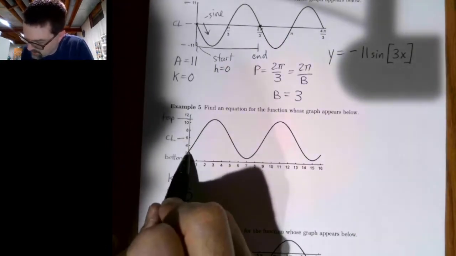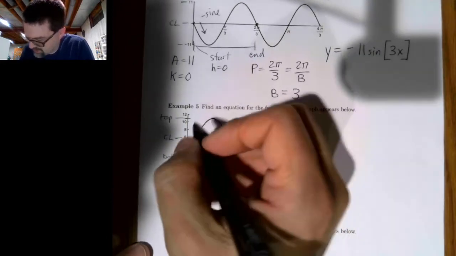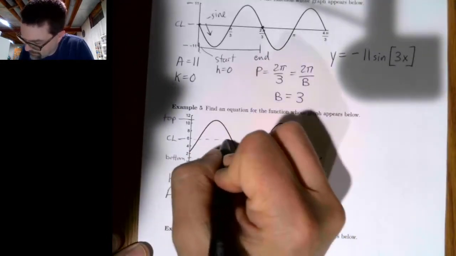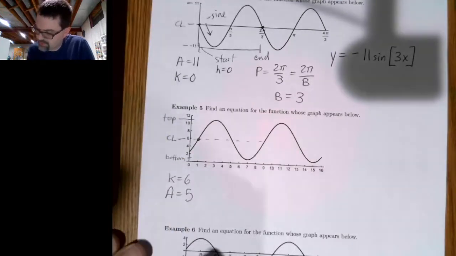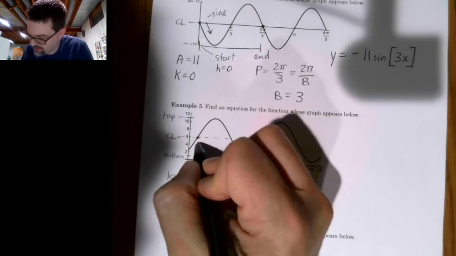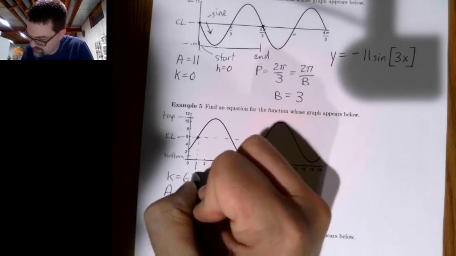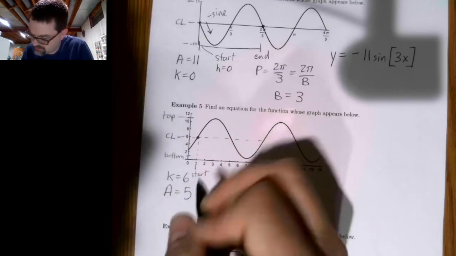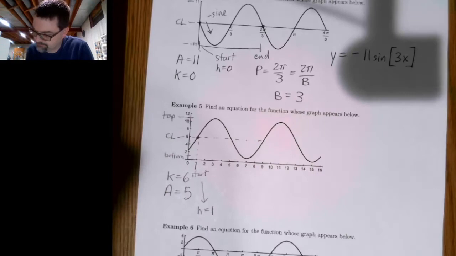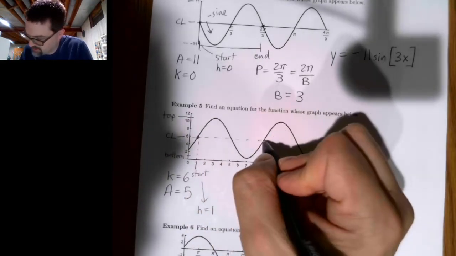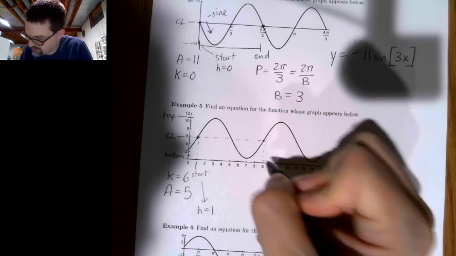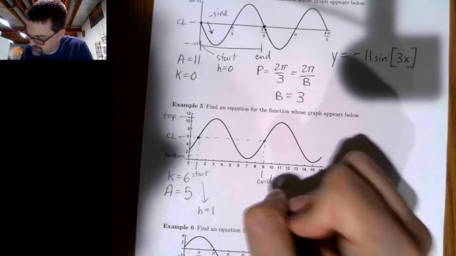Now, at 0, we're not at the top, the middle, or the bottom, so that's not our starting spot. But the first time we do hit top, middle, or bottom is right here at 1. So here's our start. H equals 1. And 1 full cycle would finish off right here at 9.